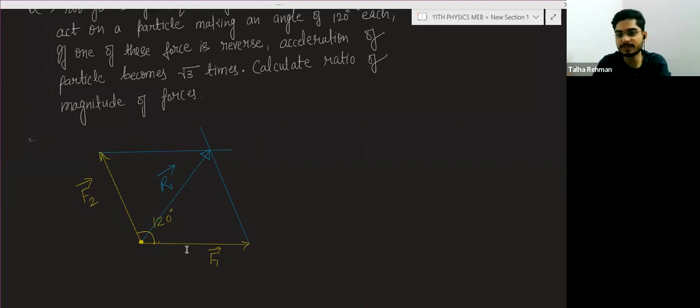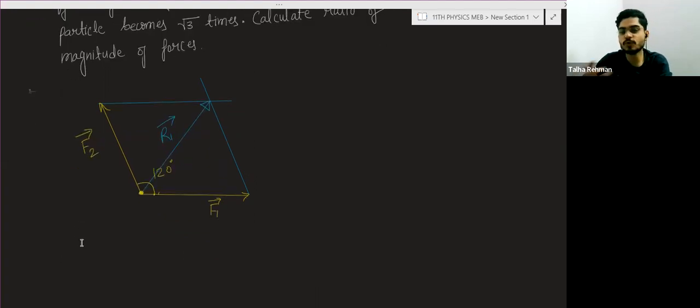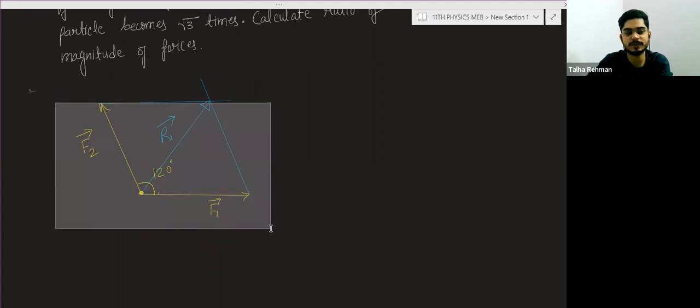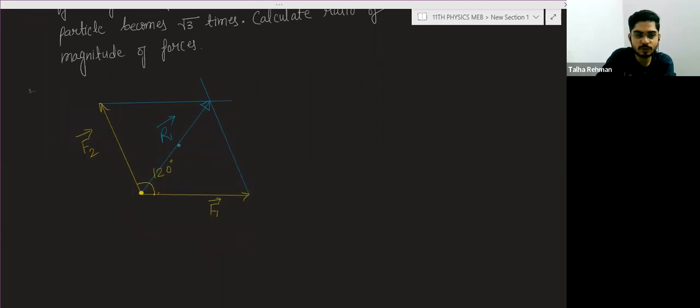Means if the vectors are in the opposite order or the same order. And we want to apply the parallelogram law. So that is why I can write this like this. So this is R1.